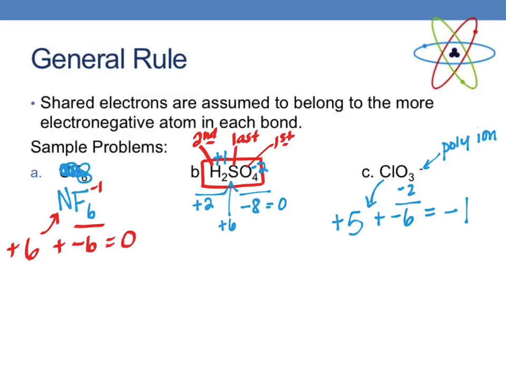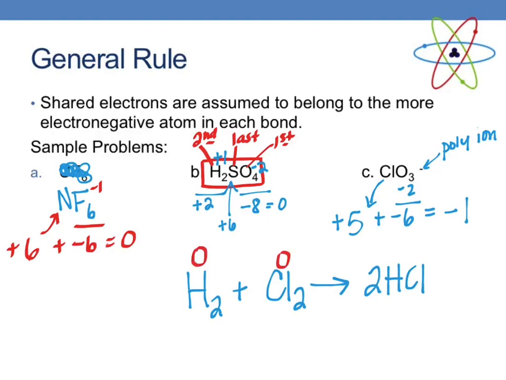Okay, so if I were to do this, hydrogen plus chlorine gives me 2HCl. What is the oxidation number of free hydrogen and free chlorine? 0. What is the oxidation number of hydrogen in a compound?